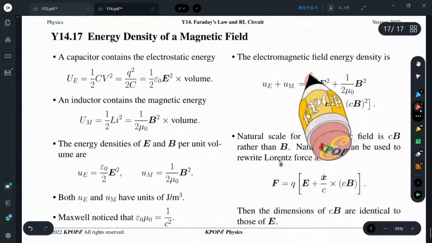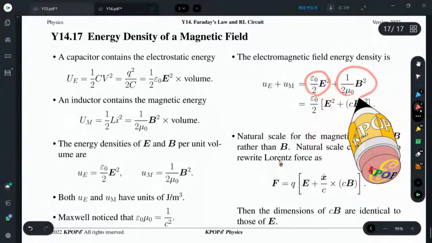Now, the sum of this electric field energy and magnetic field energy.